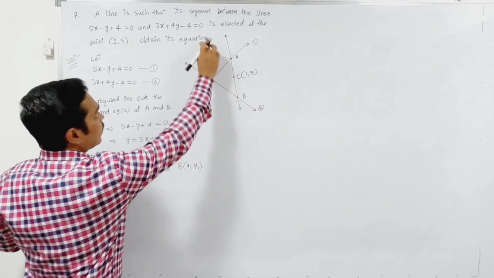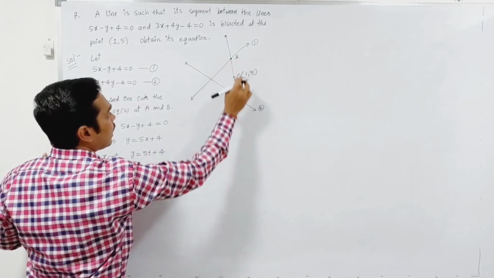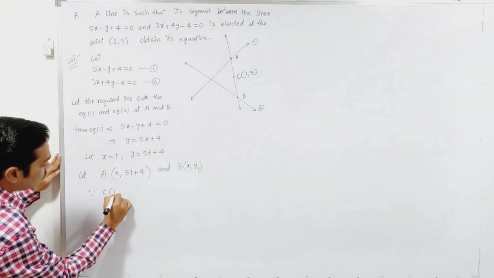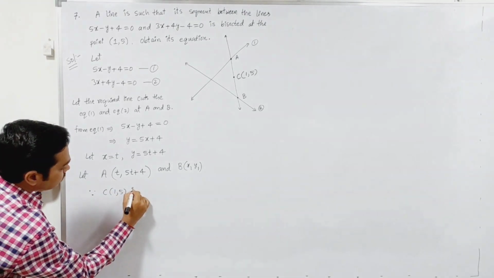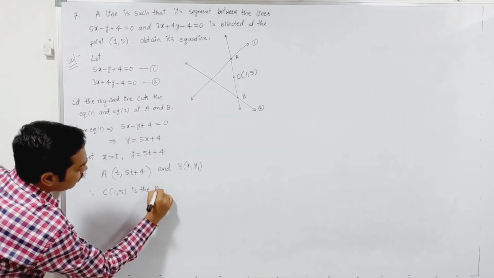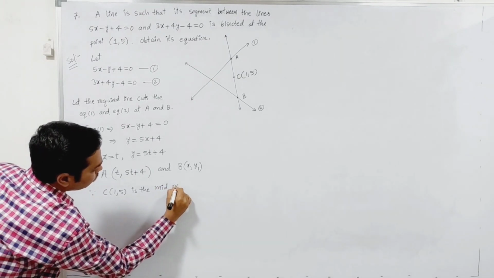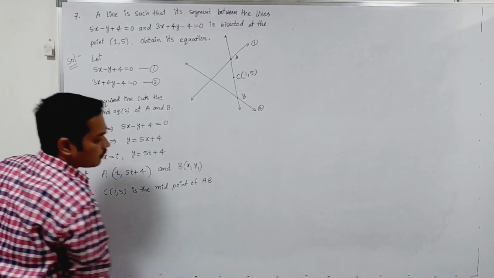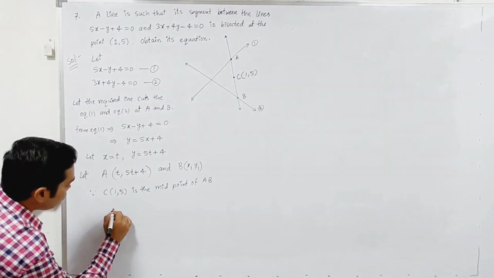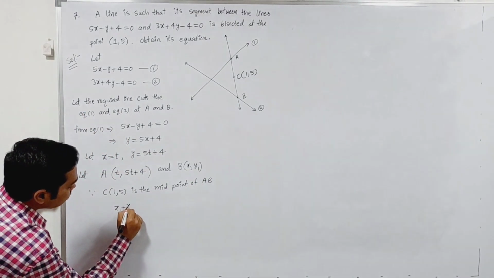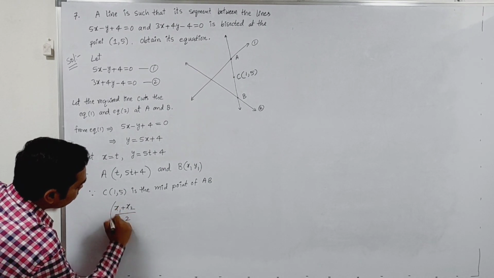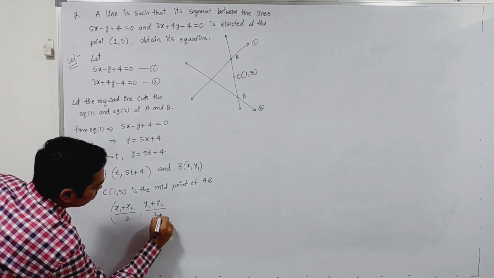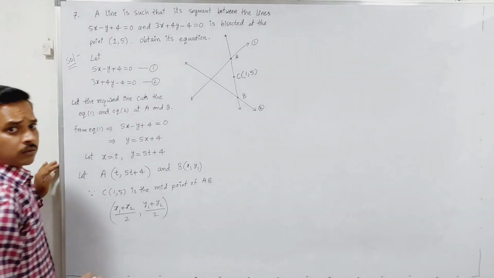From the given data, C is the midpoint of AB. Since C 1 comma 5 is the midpoint of AB, what is the midpoint formula? x1 plus x2 by 2 comma y1 plus y2 by 2. This is the midpoint of AB.